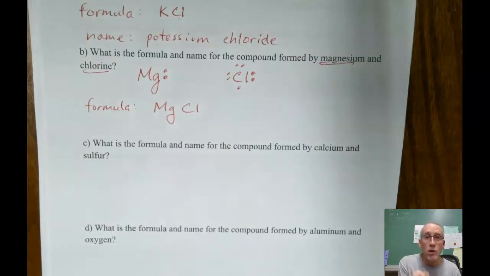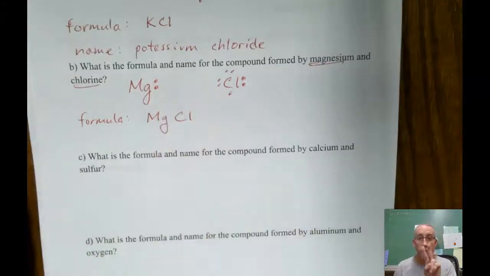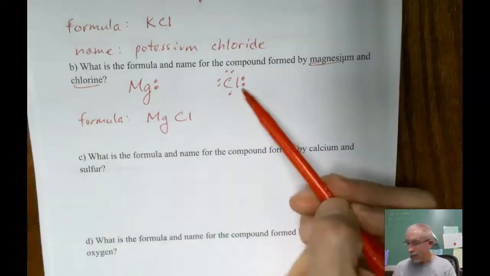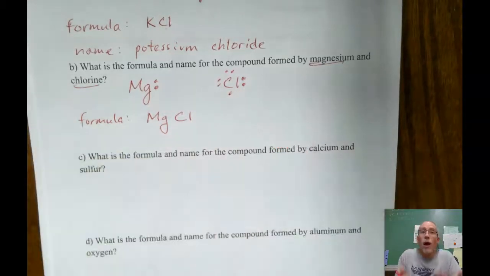Now we need these small subscript numbers. Why? Because notice that if magnesium is trying to get rid of 2 electrons, it cannot give them both to a chlorine atom. Chlorines don't want 2 more electrons, they only want 1. So poor magnesium's got 2 to get rid of, and he doesn't have enough chlorines to give it 2.